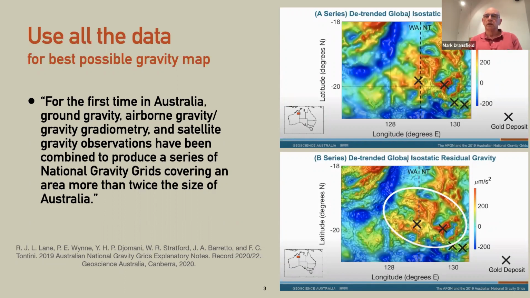And the picture on the right, which is taken from that record, demonstrates quite clearly the advantage of using all of the gravity data that we have. So in this particular case, there's an area where the ground gravity is quite widely spaced, and there was an airborne gravity survey over the area. Bringing that into the grid has added an enormous amount of resolution and information to the data set.